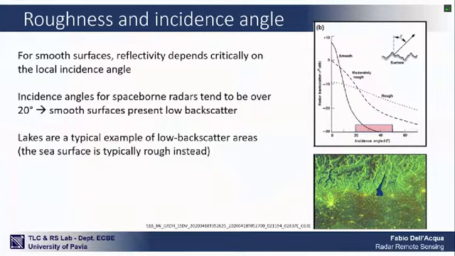In this range of incidence angles, typically roughness relates with backscatter. So since you're limiting the incidence angle to a narrow region, I cannot acquire like this, I cannot acquire like this. I will be acquiring most likely in an intermediate case, right?